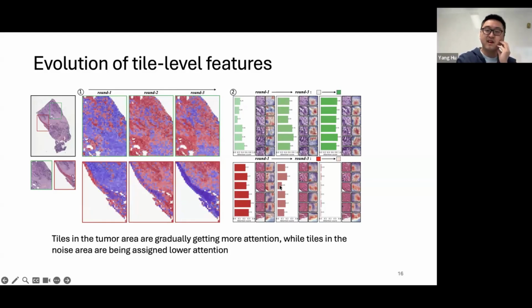For those noisy areas, maybe initially they have some highlighted color, so they gather more attention. But generally, after several rounds of interaction, the attention assigned to them is reduced very significantly, right?